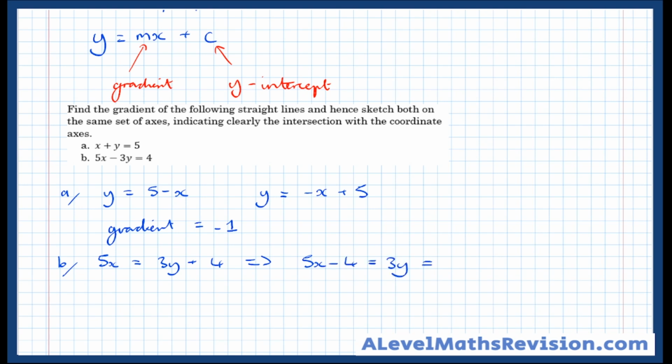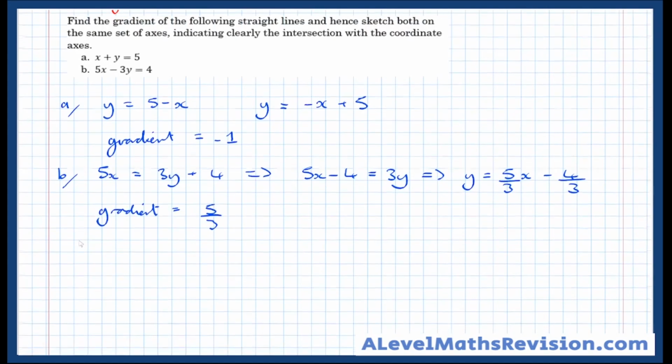Then let's divide by 3, which means that y equals 5 over 3 x minus 4 over 3. So the gradient of this one equals 5/3. And now for the sketching of those lines.